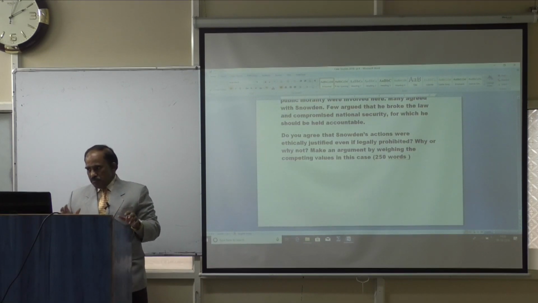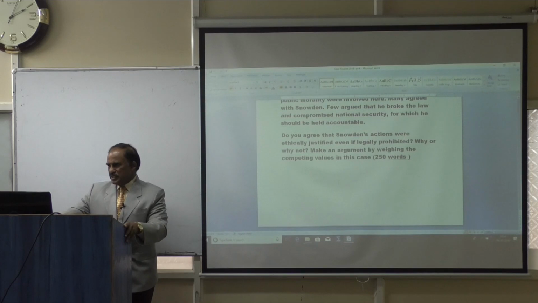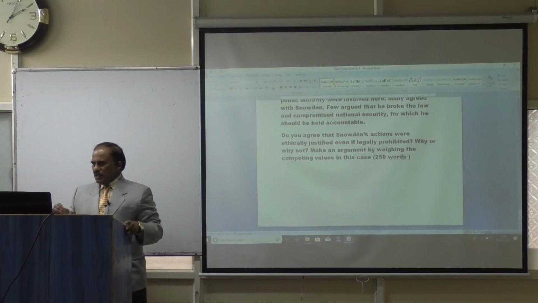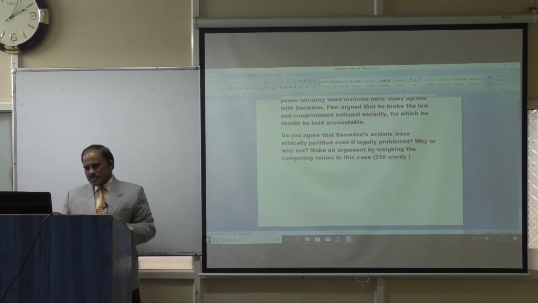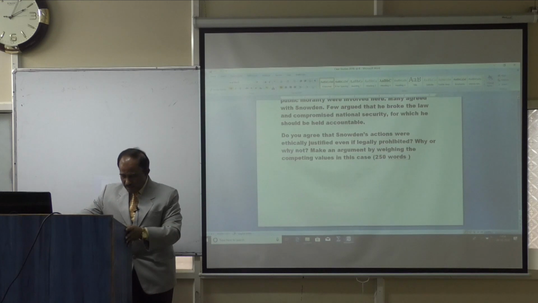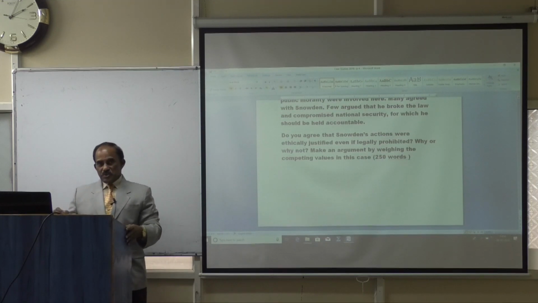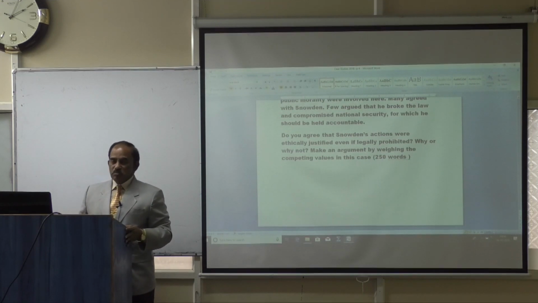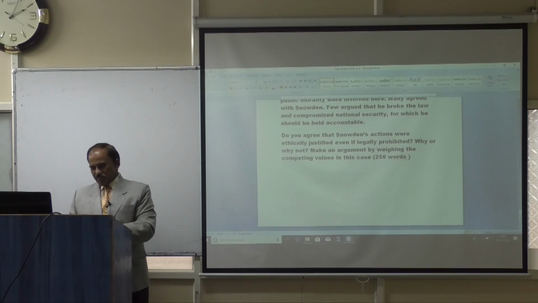Now the action of Snowden, whether it is ethical or whether it is legal. It's not legal definitely, it's going against the law, but the question is whether it is ethical. Ethics should be understood correctly.